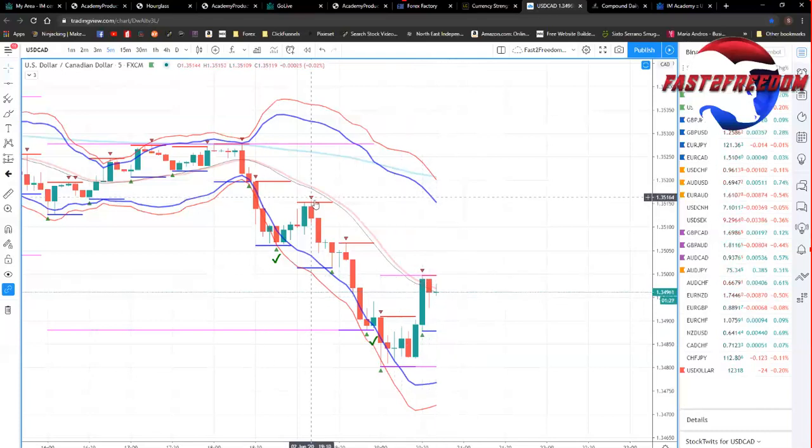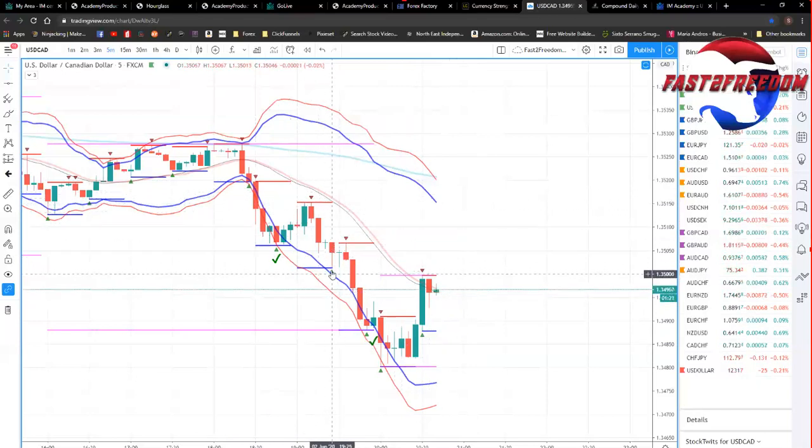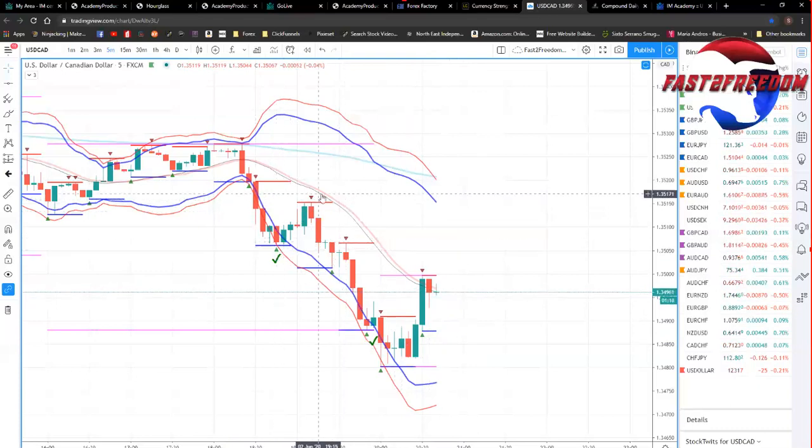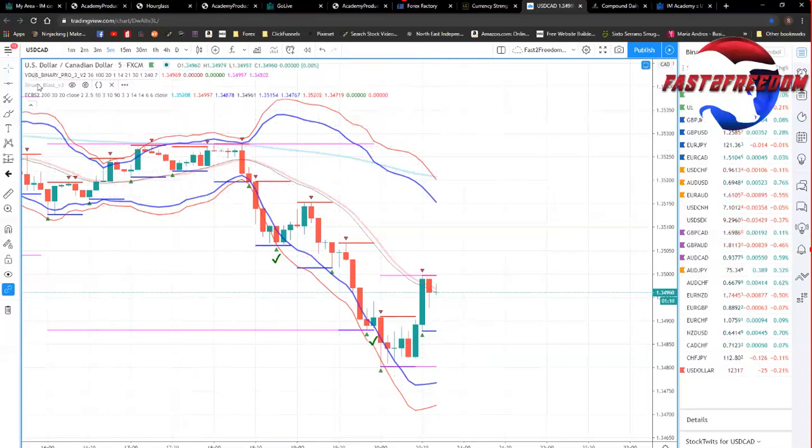and it's giving you the signals. One thing that I added to this, like you're seeing the green and the red, to make this even better, is the VW Binary Pro 3. All I did was change a couple of things in the settings.